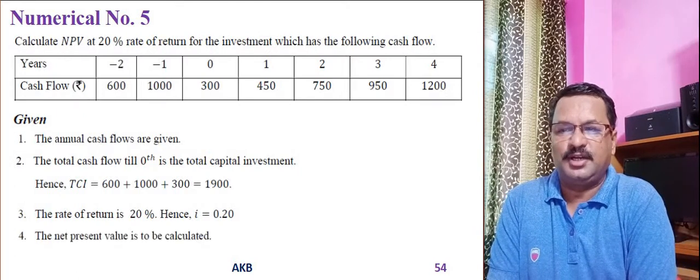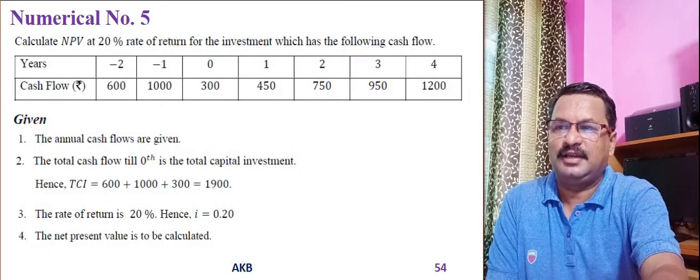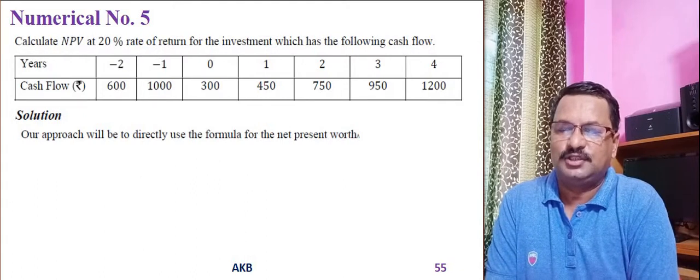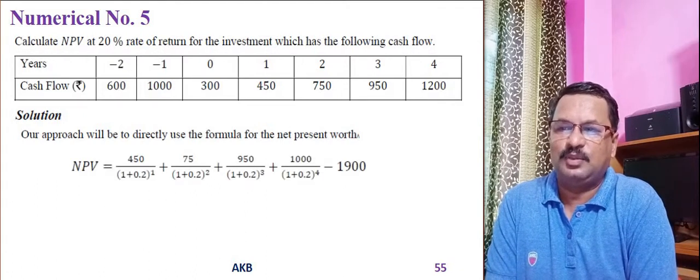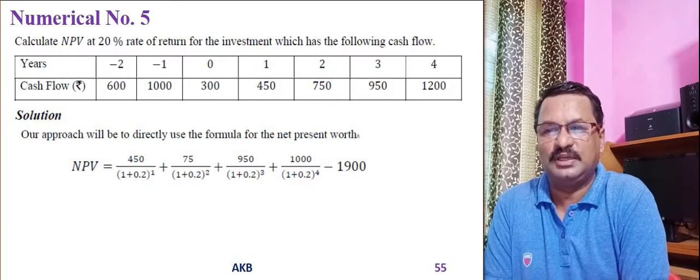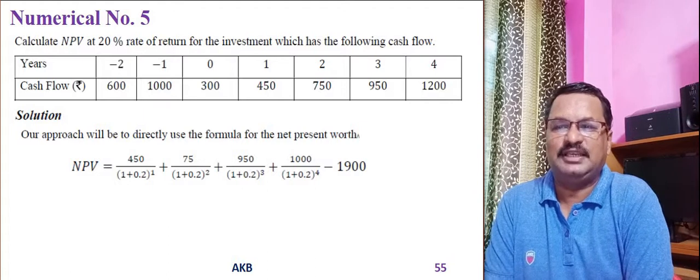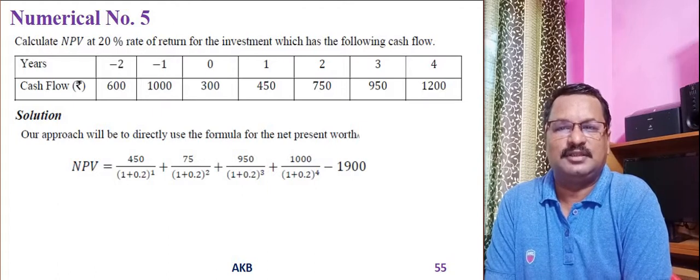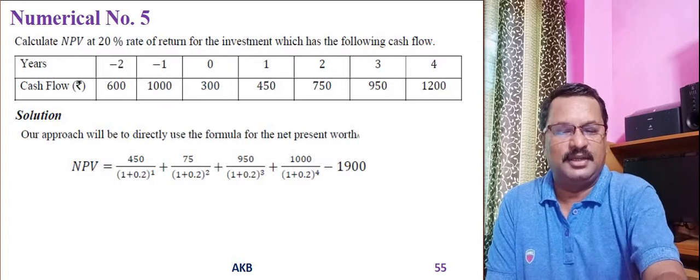and then we have to find out the net present value. So we will straight away use the formula for calculating net present worth. For the first year it is 450, so 450 divided by (1 plus 0.2) raised to 1, plus 750 for the second year, 750 divided by (1 plus 0.2) raised to 2, plus 950 for the third year, 950 divided by (1 plus 0.2) raised to 3, plus 1000 for the fourth year, so 1000 divided by (1 plus 0.2) raised to 4, minus 1900.